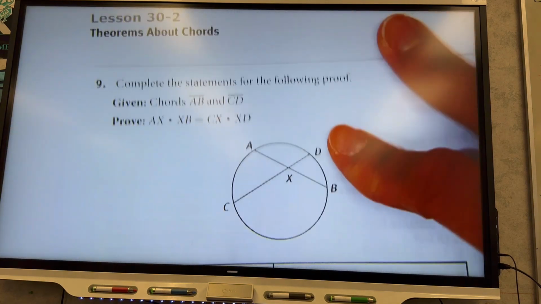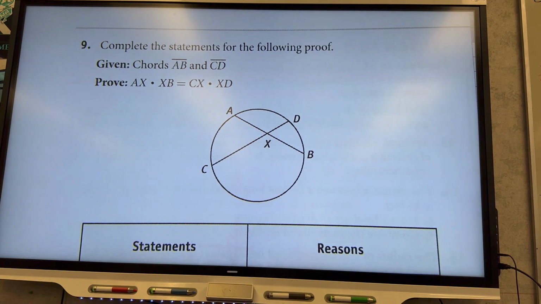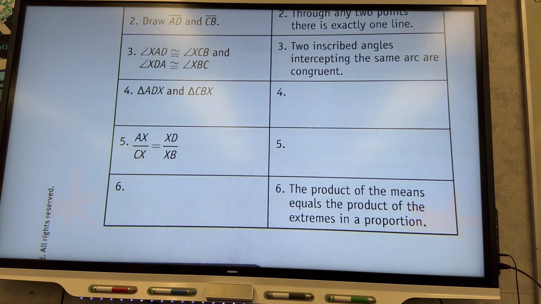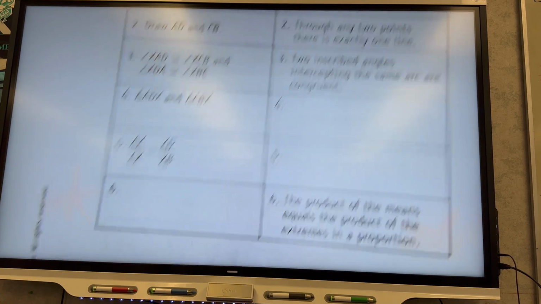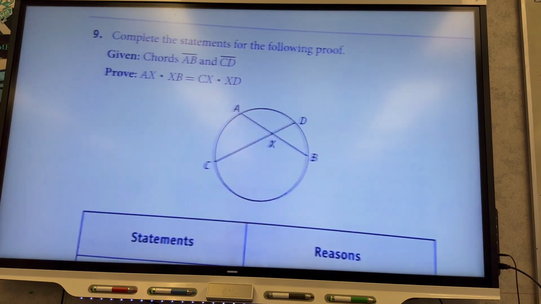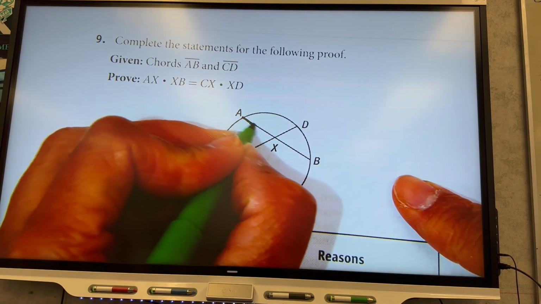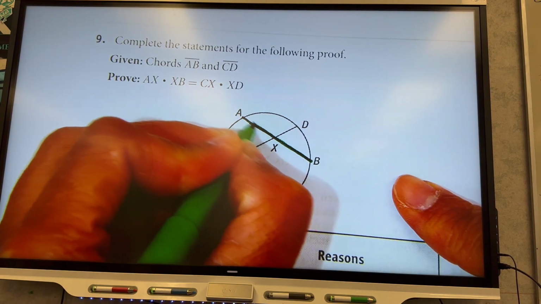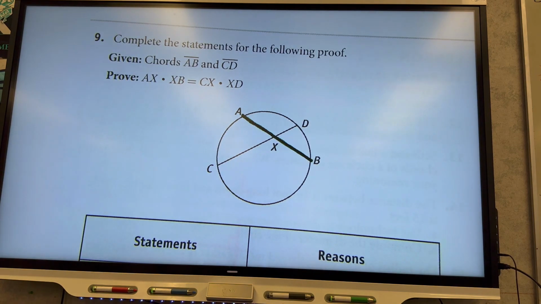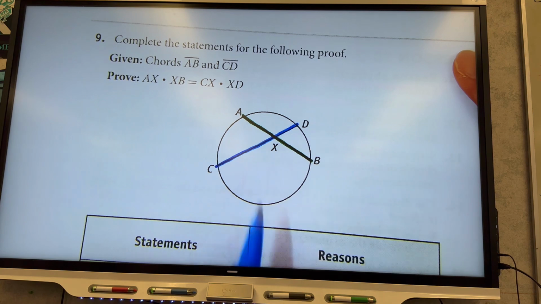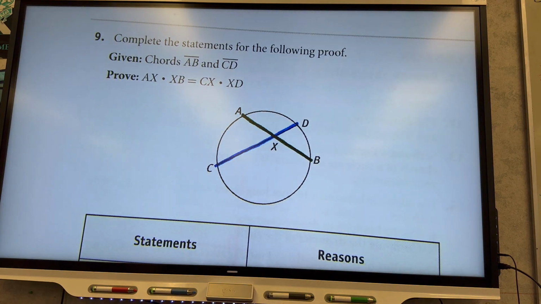Number 9. This proof we are going to complete, because it's short, sweet, and to the point, and it's extremely important, and it's fill in the blank, so it's not going to be bad. We're going to complete the statements for the following proof. We are given chords AB and CD. So chord AB is this chord, chord CD is the other chord, and they are intersecting inside of a circle.